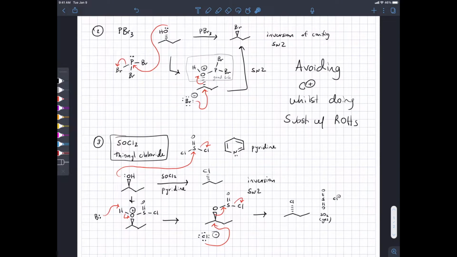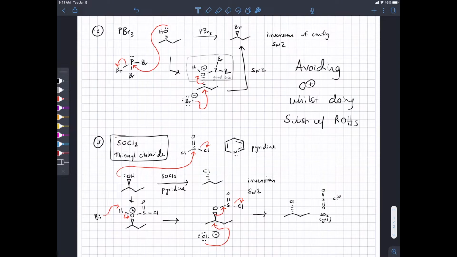Is the goal avoiding carbocations, or avoiding the racemic mixture? Both. We want to avoid carbocations because we want to avoid the racemic mixture. The other reason is the possibility of rearrangement.